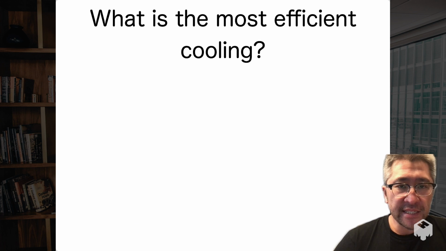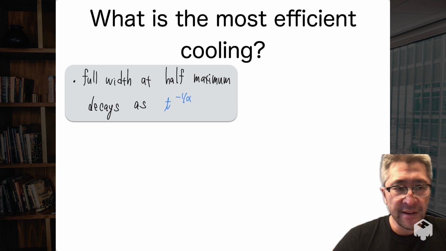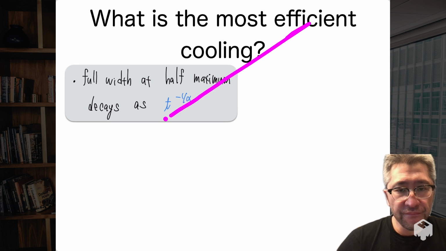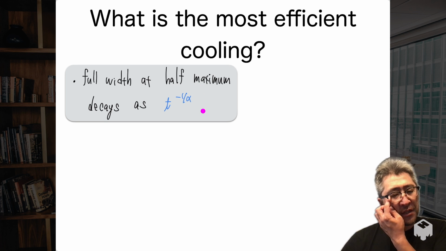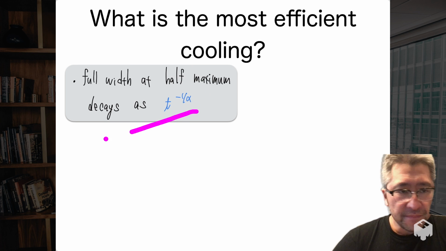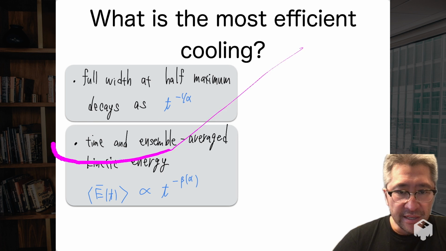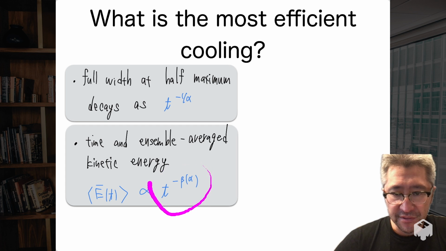Finally, we discussed what is the most efficient cooling. To quantify the efficiency, the fluorescence at half maximum was used. It decays as t to the minus 1 over alpha, so there is no peak if you change alpha. However, if we consider the time and ensemble average kinetic energy, it decays as this function.